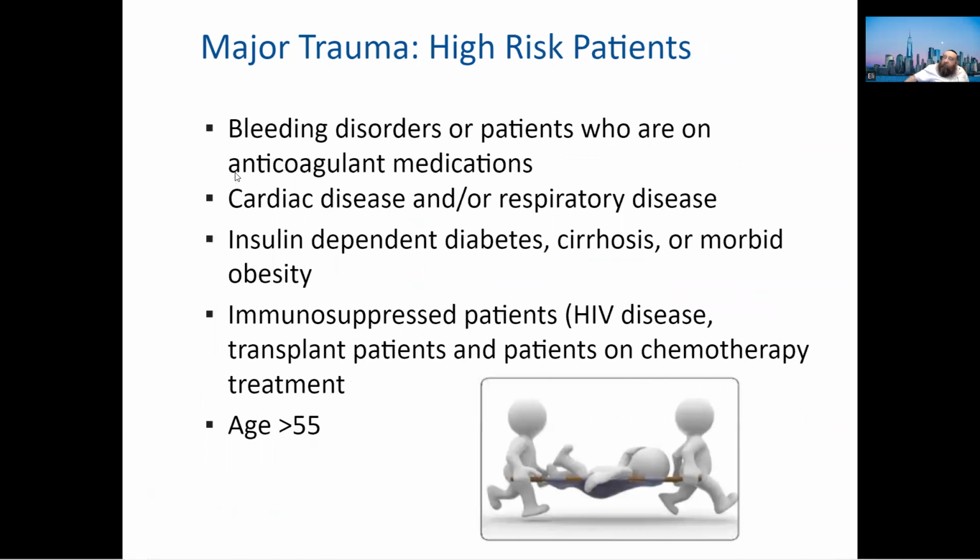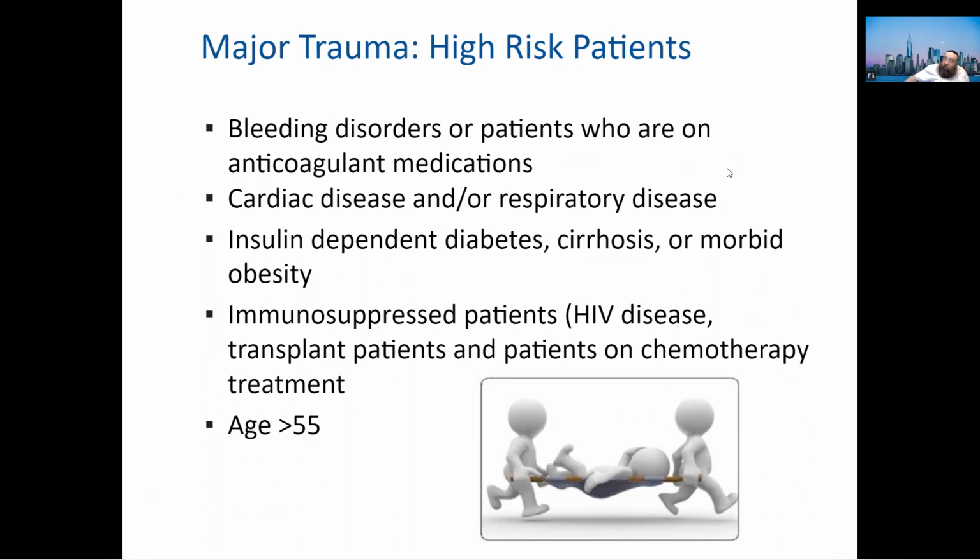In general, we talk about patients on anticoagulant medications. You'll see soon that we need to know more information about the patient, but just a general rule. What is that? Anticoagulant? I'm going to explain.